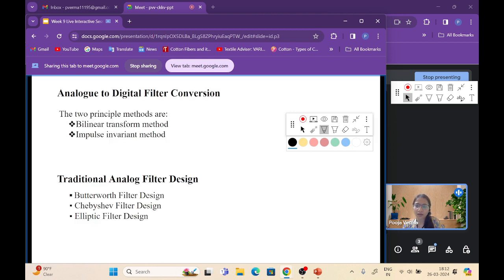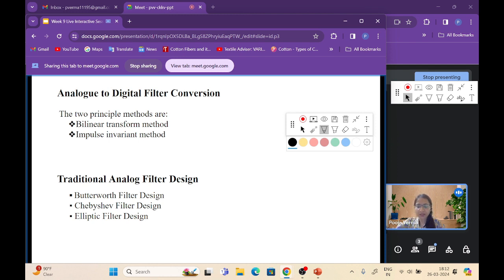Next is the analog to digital filter conversion. What are the traditional analog filters from which we can design a digital filter? There are two principal methods for analog to digital conversion: the first one is the bilinear transformation and the second one is the impulse invariant method.